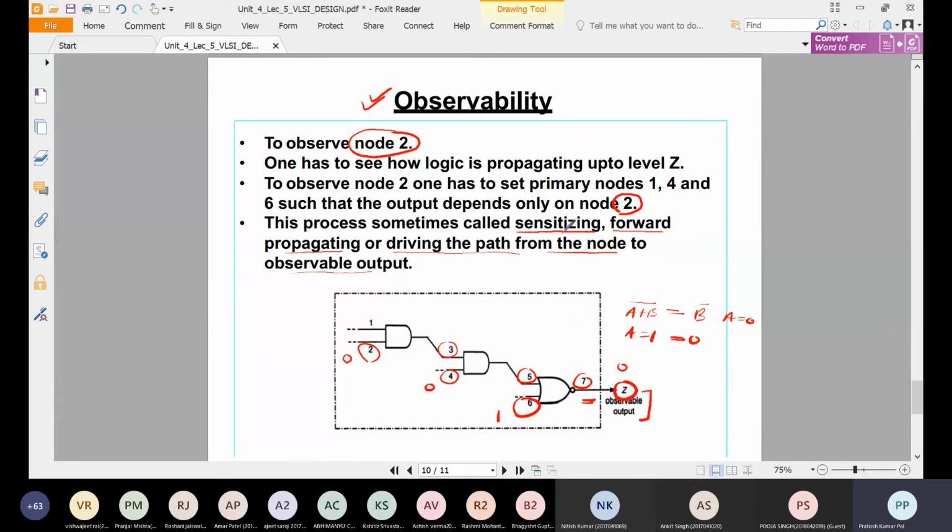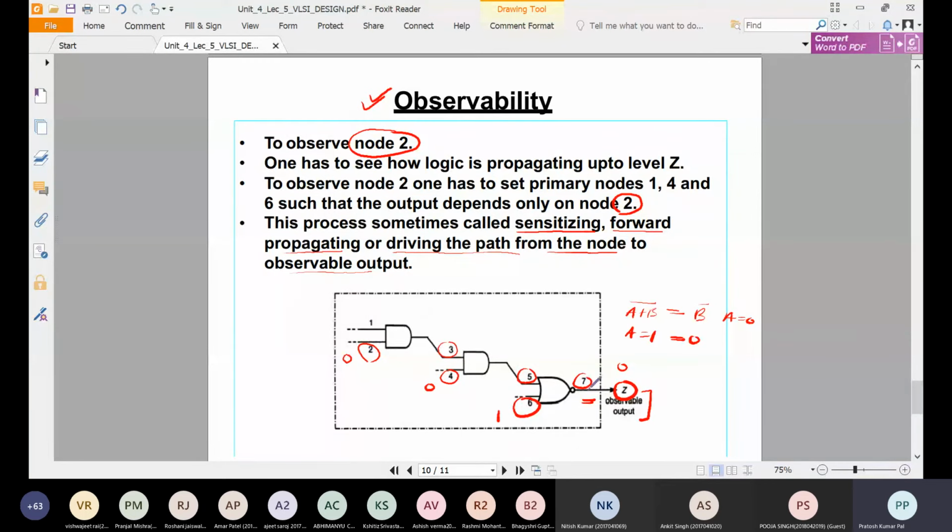So these are different names that can be given to it: we are either sensitizing node 2 to the output, or forward propagating it, or driving the path to the observable output node.